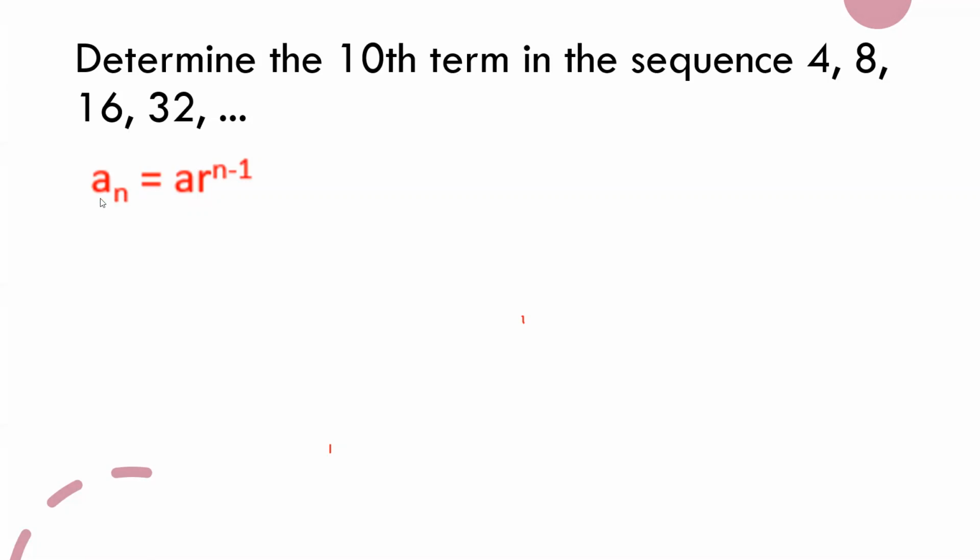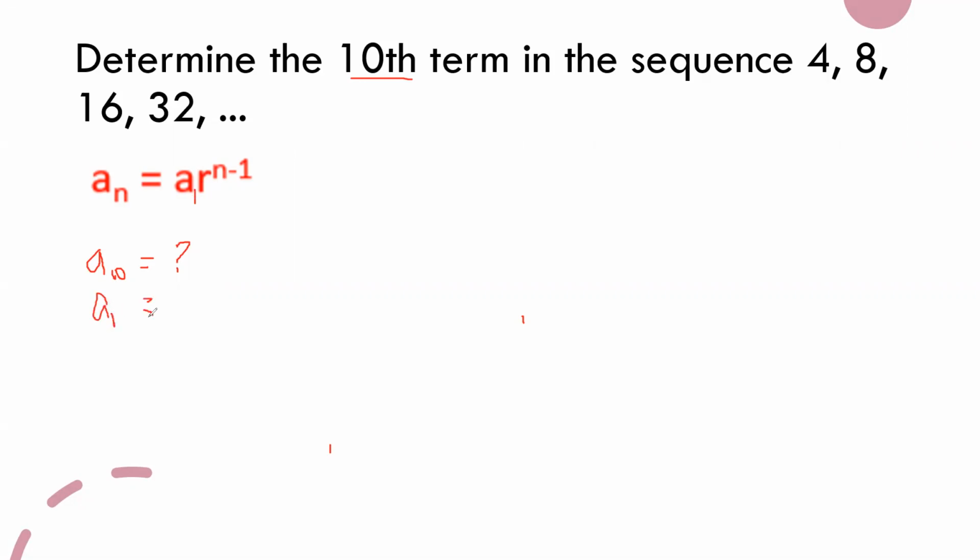So let's find the different parts. Let's start with a sub n. A sub n is missing, but since we're looking for the 10th term, it will be a sub 10. What is a sub 1? Anyone, any idea?